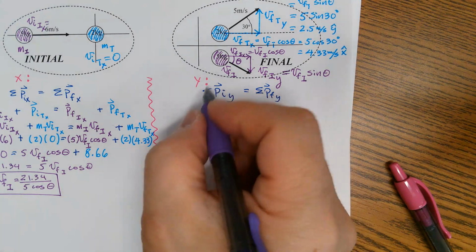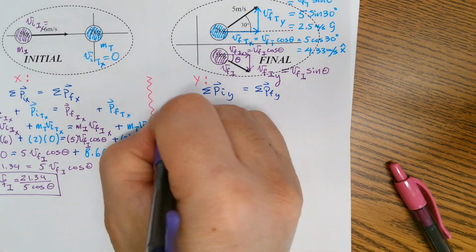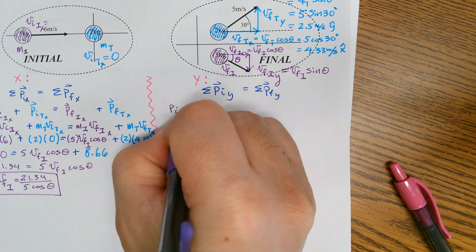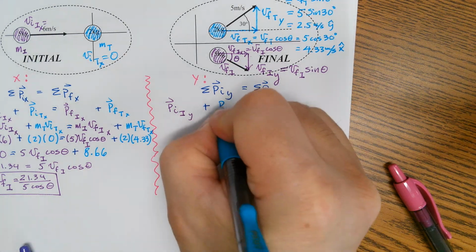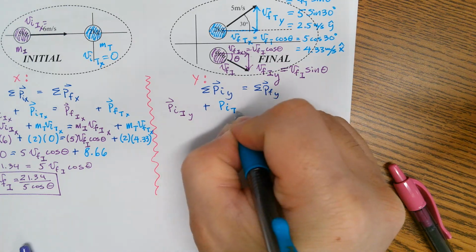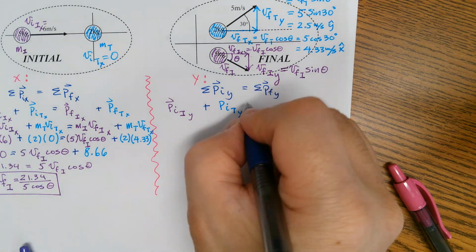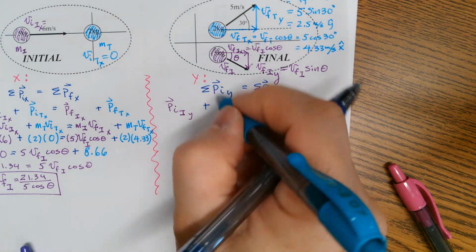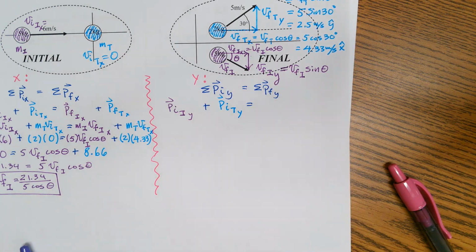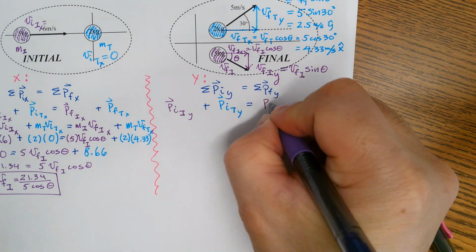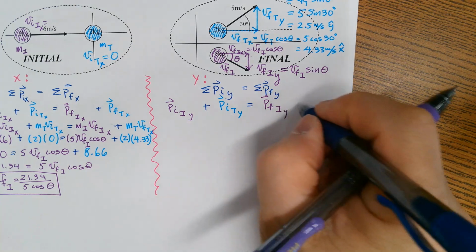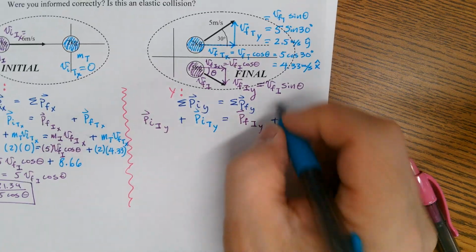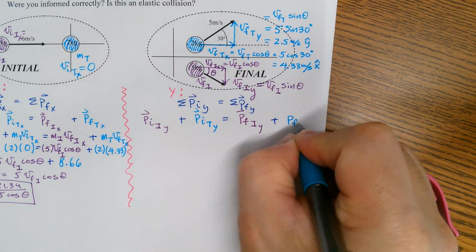So initially, I have momentum initial incident y plus momentum initial target y must equal momentum final incident y plus momentum final target y.